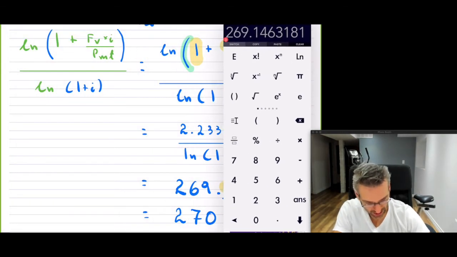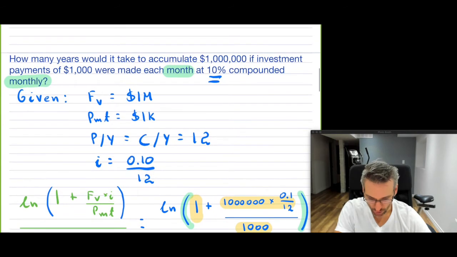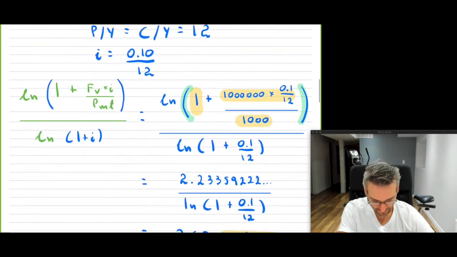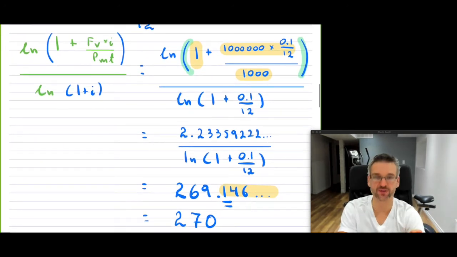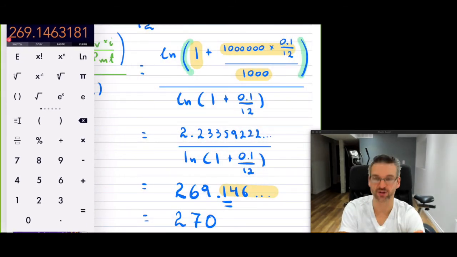All right. Now the other part of this is they did ask us in the question how many years this is. But what we have found is the number of months, because it was monthly. So the 270 or 269, our answer is actually in months.